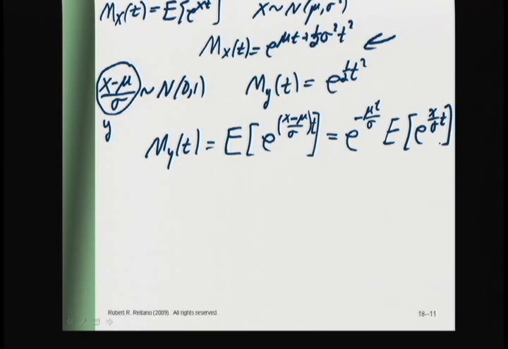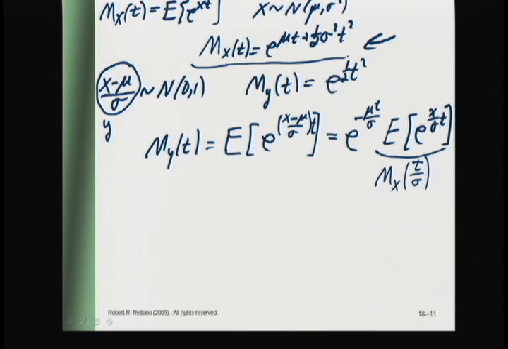Now remember, x is normal, and it has a mean of mu and a variance of sigma squared. If I look at this, I notice that this is the moment generating function of a normal x calculated at the value t over sigma. So I can use the result I have above. I know exactly what the moment generating function is of that normal variable, and I want to evaluate it not at t, but at t over sigma.